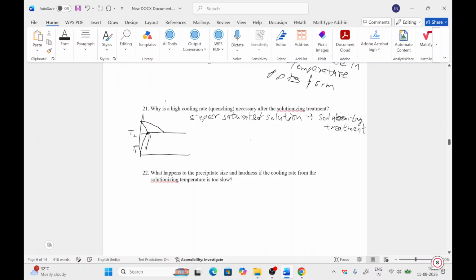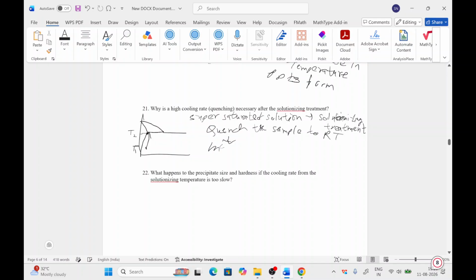After the solutionizing treatment, we quench the sample to room temperature. Quenching is cooling the sample at a very high rate.